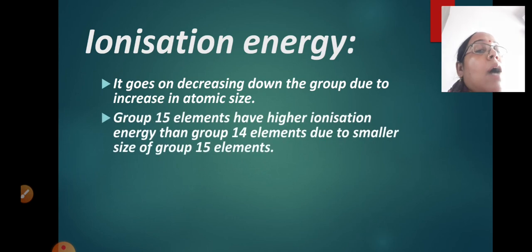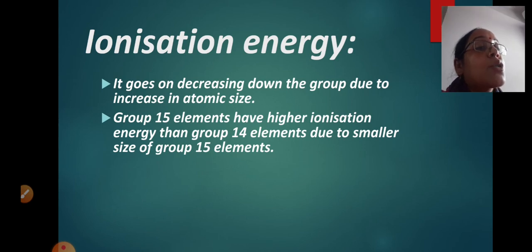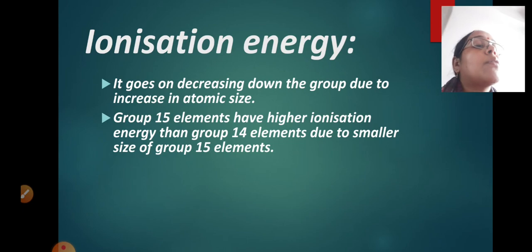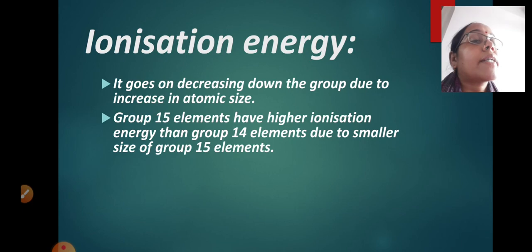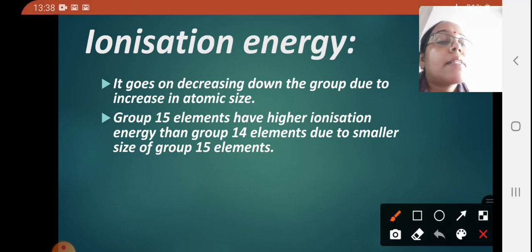Now group 15 elements have higher ionization energy than group 14 elements due to smaller size of group 15 elements. Why do group 15 elements have smaller size? Because as we move from left to right in any period, the size decreases because of increase in effective nuclear charge. So what will be the reason?